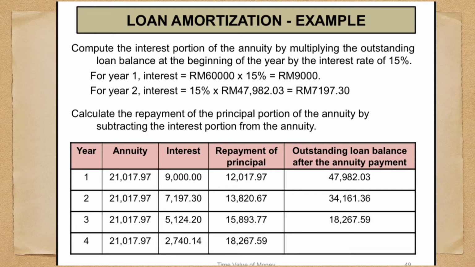The next step is preparing the payment schedule. Looking at the table, there are basically 5 columns. Column 1 is year, column 2 is the annuity or the PMT, the third column is interest on loan, the fourth column is repayment of the principal, and the final column is the outstanding loan balance after the annuity payment.